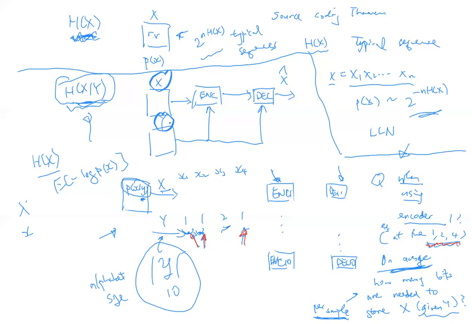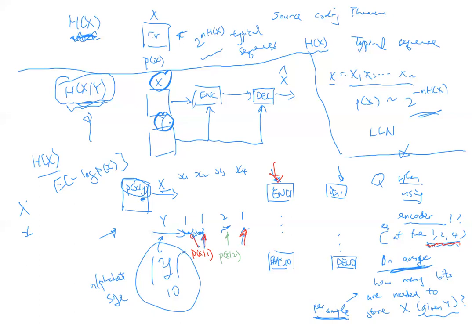So when I have y equal to 1, for this time instance here, the distribution is essentially p(x given y equal to 1). And for time step 3, when y equal to 2, I have a distribution p(x given 2). X doesn't need to be uniformly distributed.